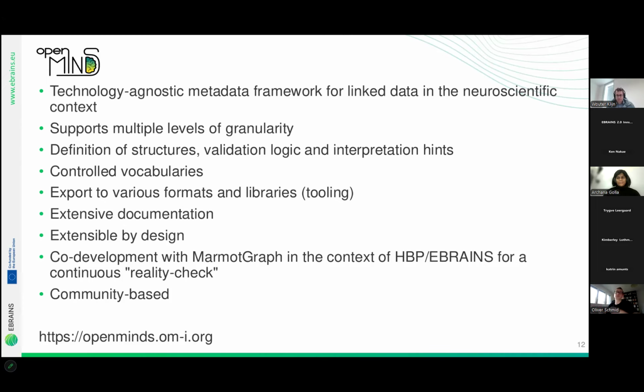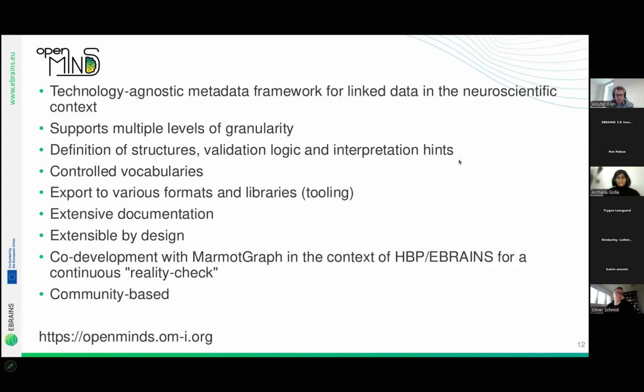And I think one of the main strengths of Open Minds is that it allows you both to describe your metadata in a very fine granular way, but at the same time, it also embraces the fact that it's not always possible to establish this, and allows you also to deliver more high-level elements with the possibility to go into more detail afterwards if needed or if wished.